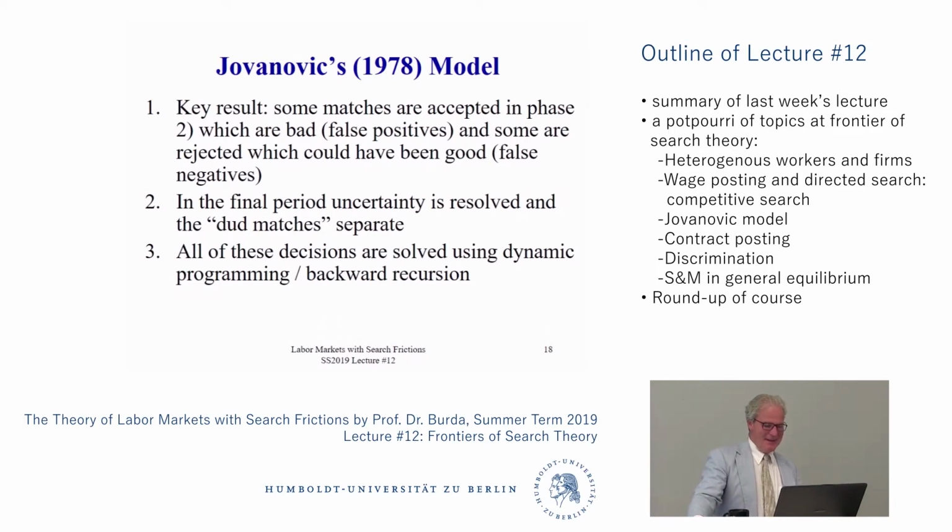Okay, and in the model, you actually go to the last period and you solve backwards, because when you find the reservation level of productivity in the final period, you need to know that to find out what the value of accepting or rejecting a noisy signal in the second period is. Okay, so you can only start in the back and then work forward, and that's why this is called backward recursion in this very simple model.